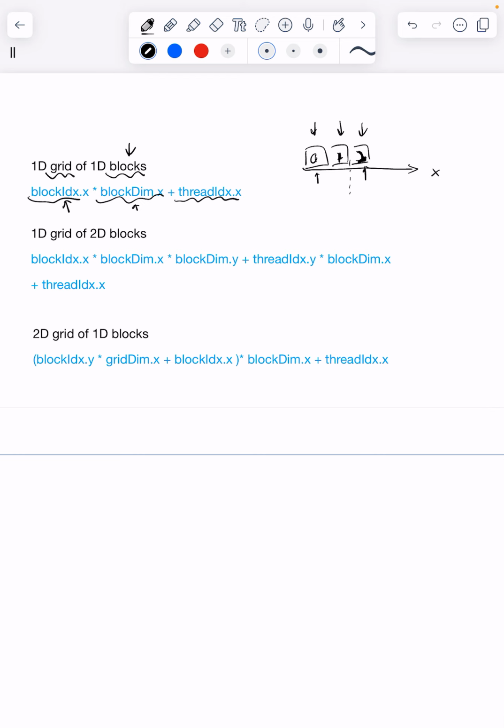And if you want to ask me, why do we calculate these two? Why is everything horizontal here? There are two reasons. The first, you see, it's 1D, and by 1D it means there's only one direction, so it's horizontal.